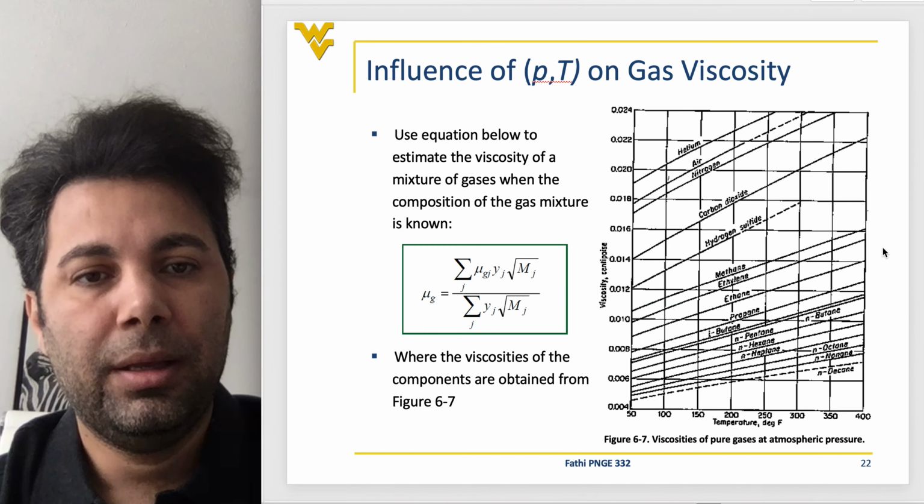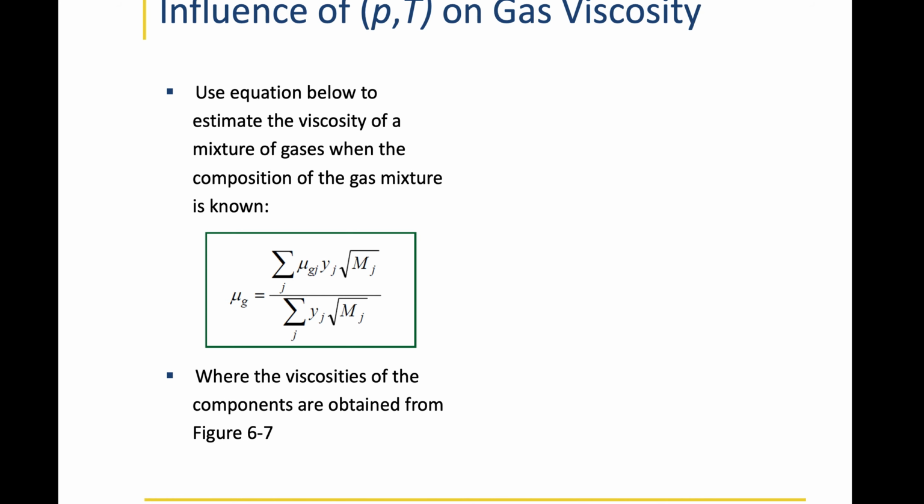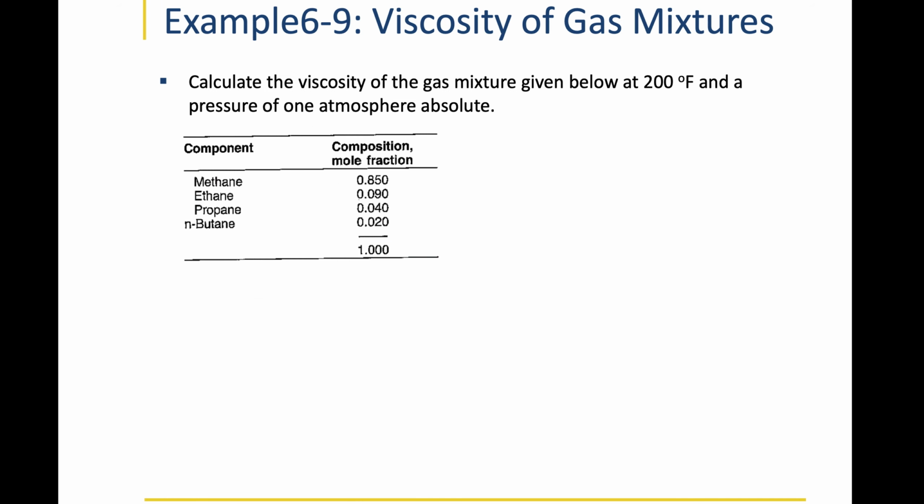Okay, so let's do an example. Calculate the viscosity of the gas mixture given below at 200 degrees Fahrenheit and a pressure of 1 atmosphere. So here the question asks you to find the viscosity at 1 atmosphere, so we don't need to do any correction for pressure.